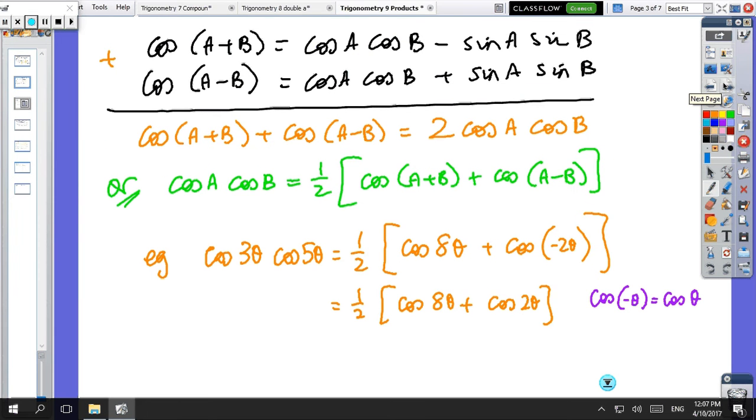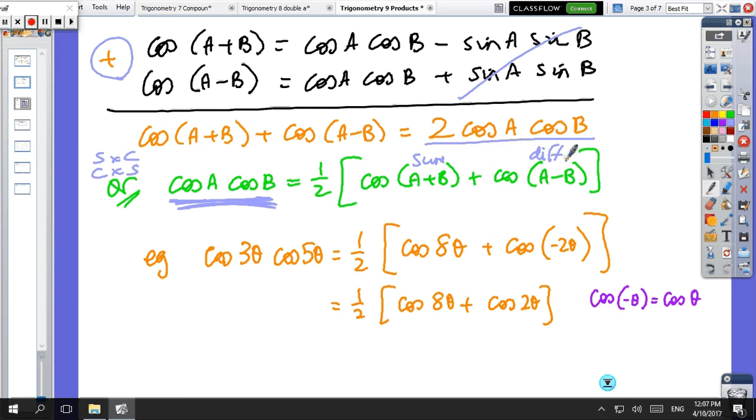Okay, now we're looking at the cos formulas, and the first one we're going to add. So again, when we add those two, numbers will disappear, so we end up with 2 out the front. So now we've got cos times cos, whereas the previous ones were sine times cos or cos times sine. Now we've got cos times cos, and you end up with cos the sum and cos the difference.